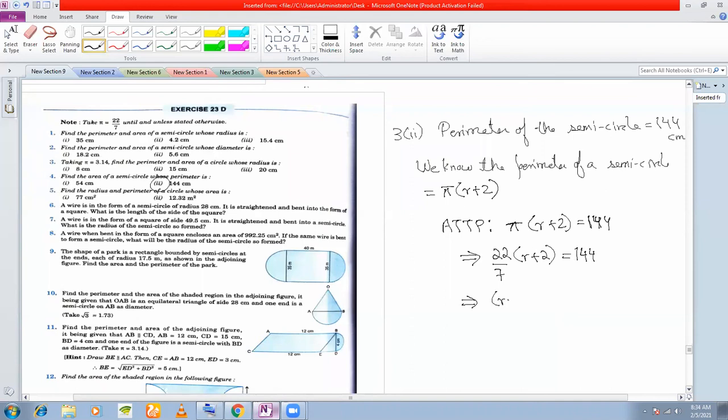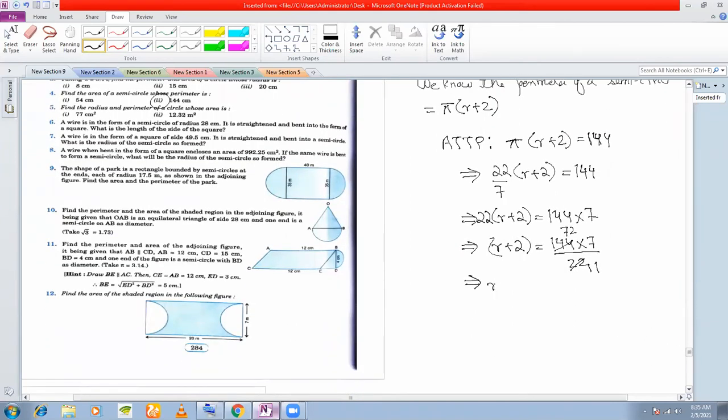So this becomes, let's say cross multiplying, 22 times (r plus 2) is equal to 144 into 7. That means r plus 2 is equal to 144 into 7 divided by 22. Okay, so now we shall cancel this, 72 times, 11 times.